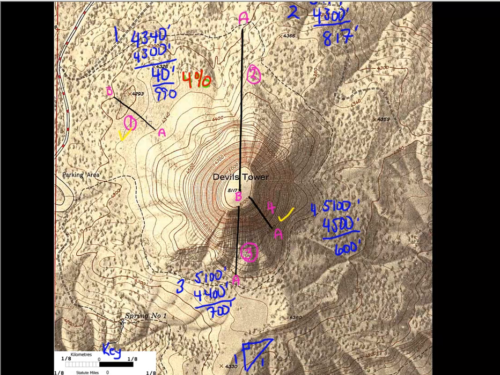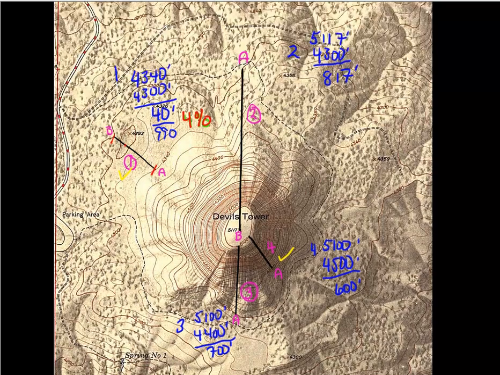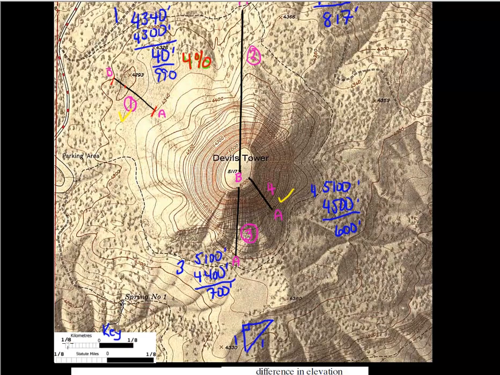Now, granted, it's not a 4% all the way around. You're going to be going downhill, downhill, downhill to that point about right there, and then you're going to be going up. But it's just looking from this point to that point. That's a 4% grade. Up here for number 2, this was 5/8, so it's 5 of these numbers.